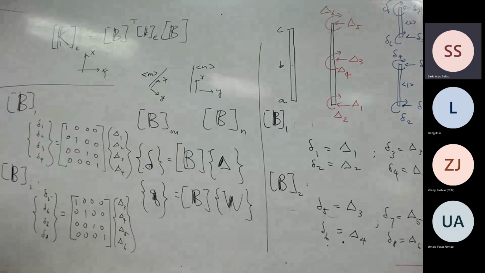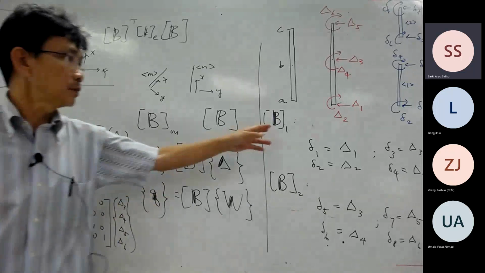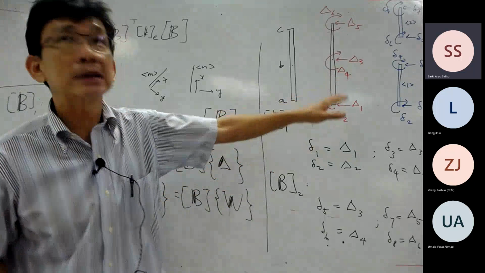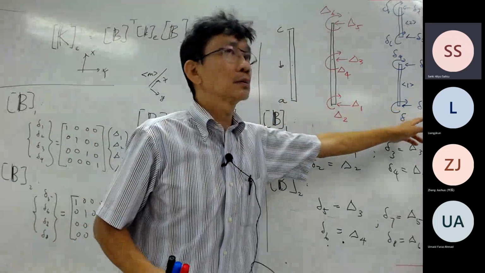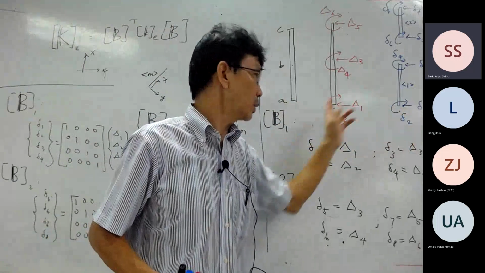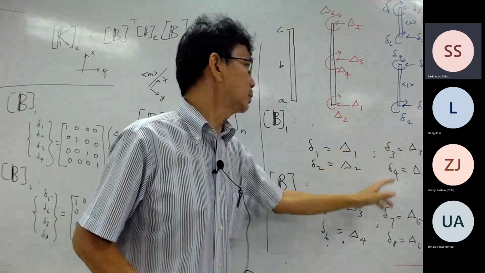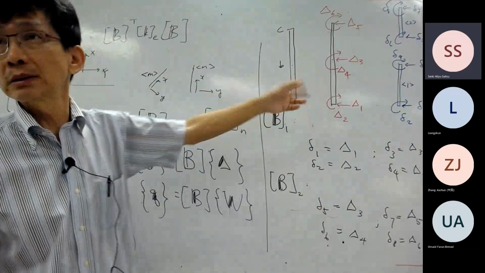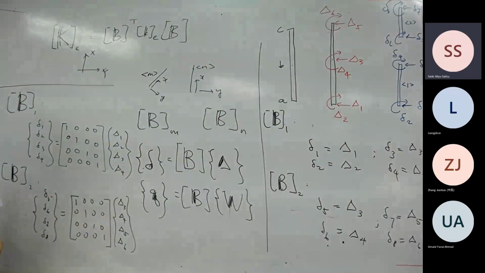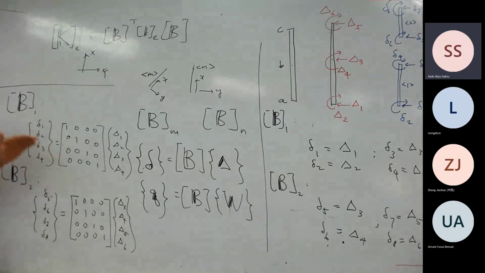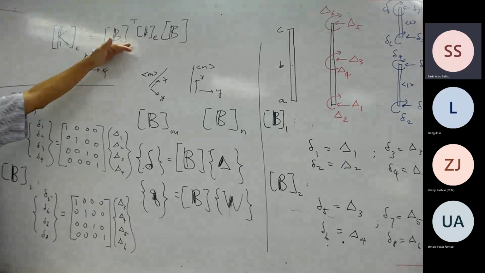So the idea here is if you go to any problem, to get B, you need to relate the local nodal displacement to the corresponding global one. So once we get this and this, then we make use of this in these equations.